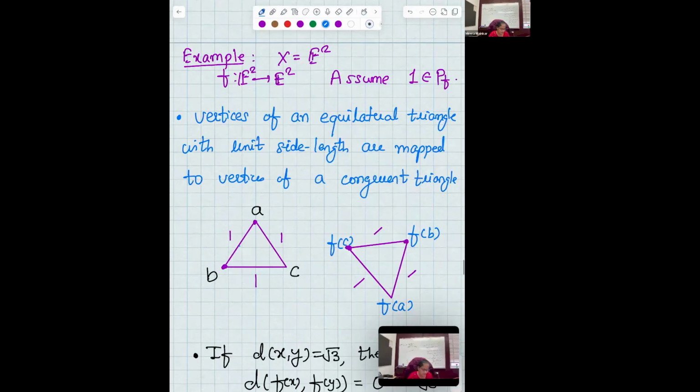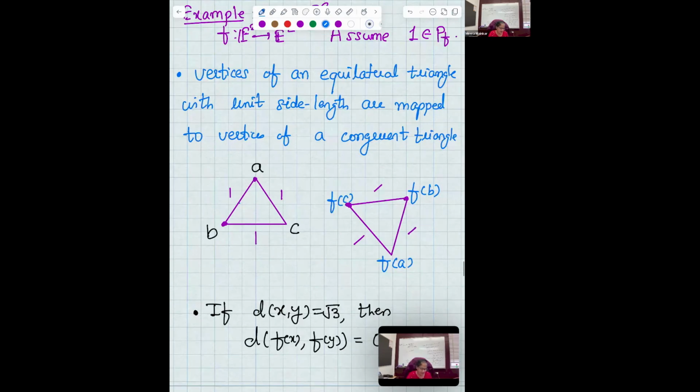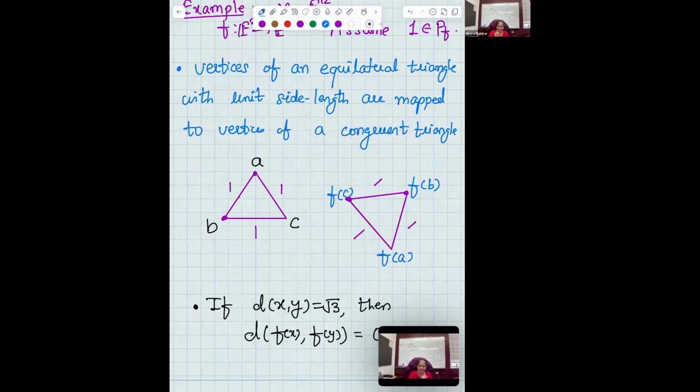So the first thing, I'm going to assume you have a function f, you are in Euclidean 2-space, so easy. And now assume that one distance is preserved. Let's begin from there. Then you know that vertices of the equilateral triangle with unit side length are going to be mapped to vertices of congruent triangles, because the one distance is preserved.